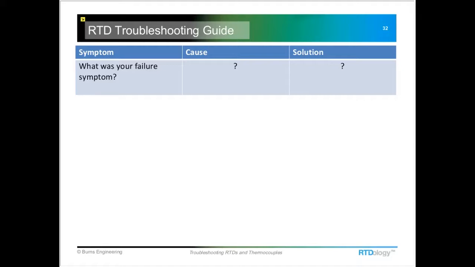If you get into all the nitty-gritty details of making the perfect ice bath, you've got to wait longer, and it should be stirred, and some other things, and then you can get out to that third and fourth decimal place. But if we're just checking an RTD to see if it's within that plus or minus 0.06 or 0.12 resistance window, you don't have to get too fancy.